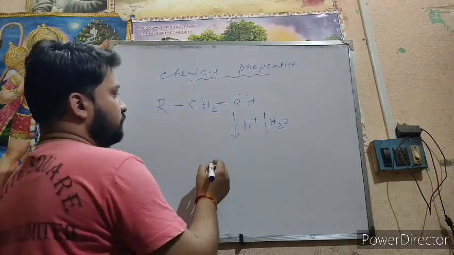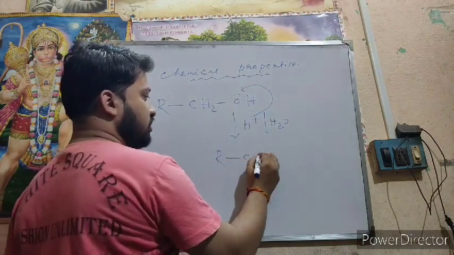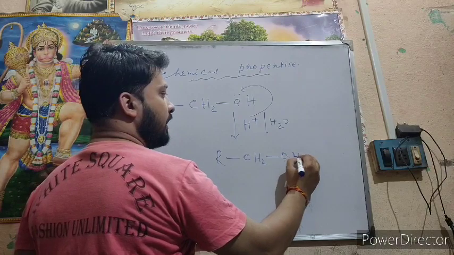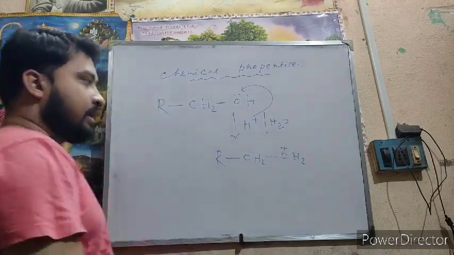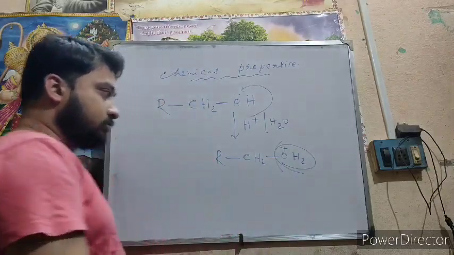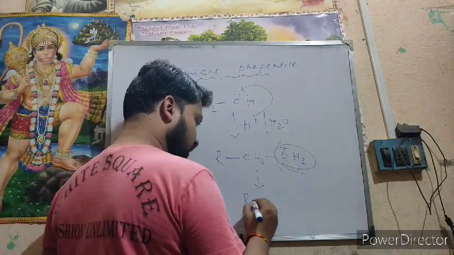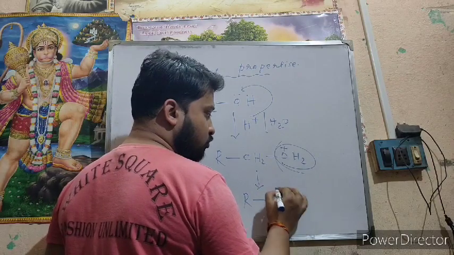So H plus is attracted here, so RCH2OH2 plus. As water is a good leaving group, this is water H2O, you get RCH2 plus.